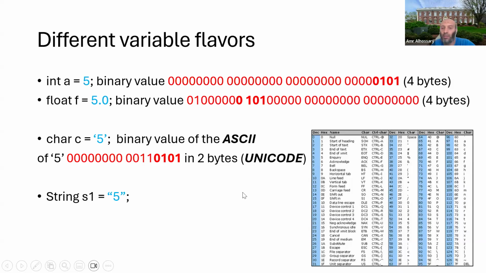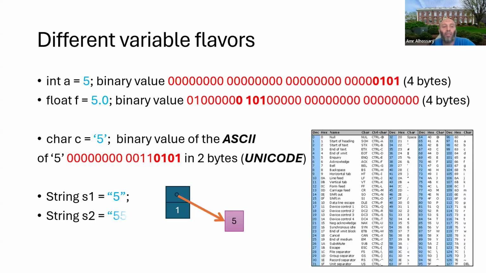The string is an object. If the string contains the single character 5, its length is 1. A string contains 2 fields, the pointer to the data and the length. And today's topic is about string. We'll talk about strings in detail today.